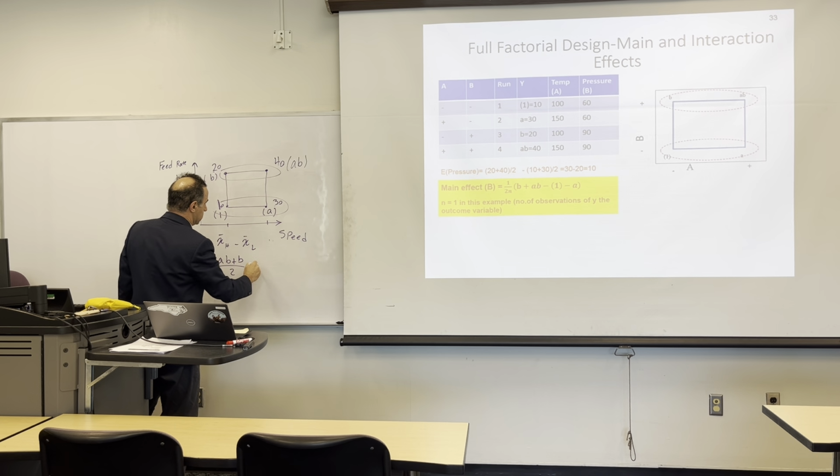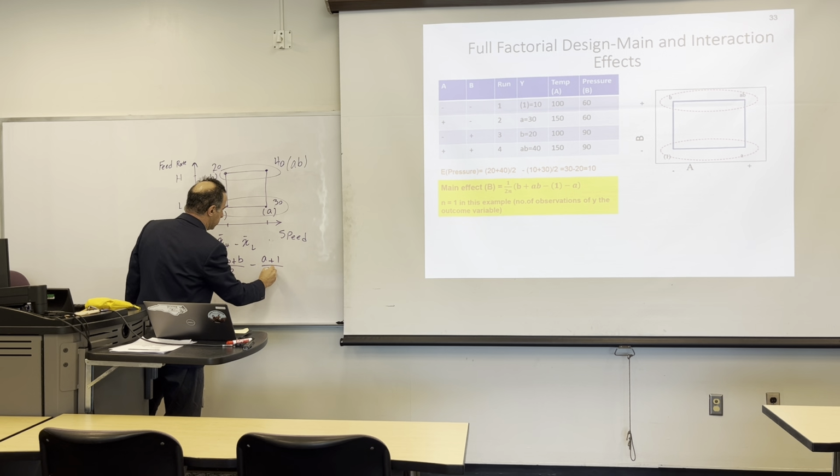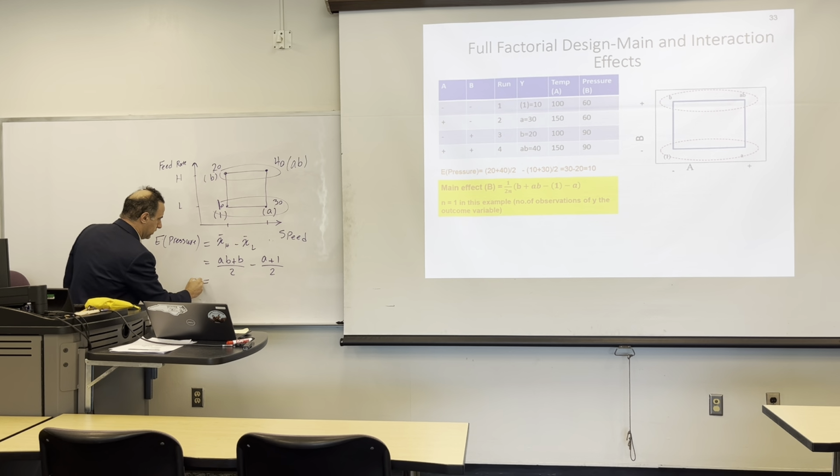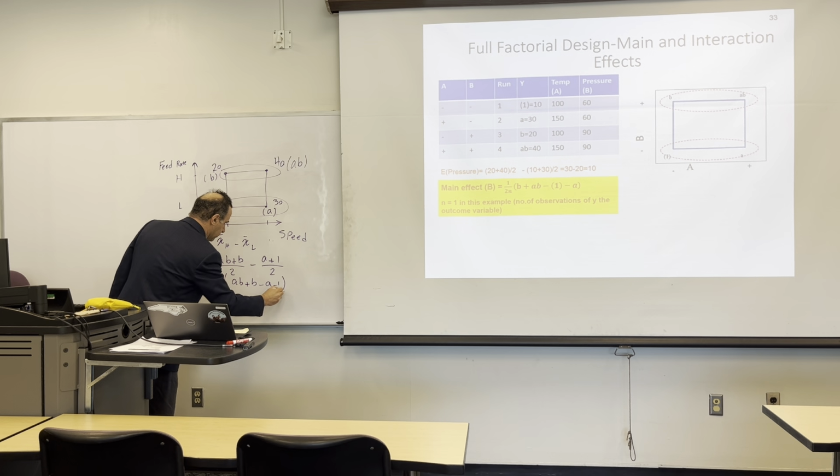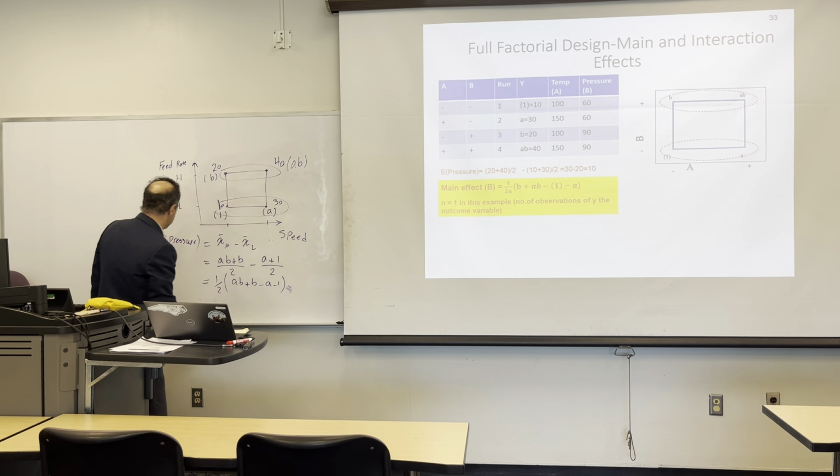This one, A plus 1 divided by 2. Then you have 1 over 2 AB plus B minus A minus 1. So this is the main effect of pressure for this one.